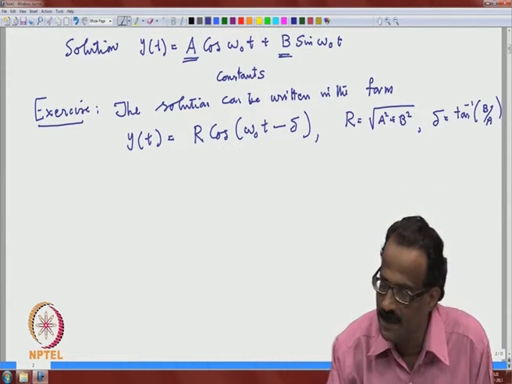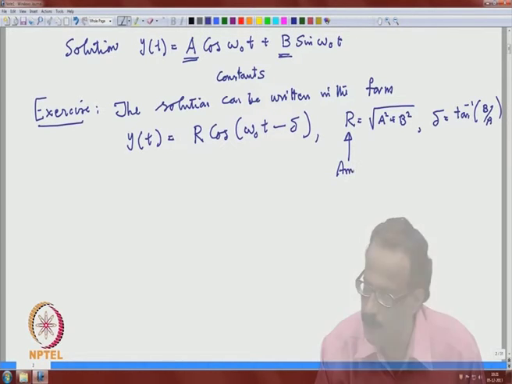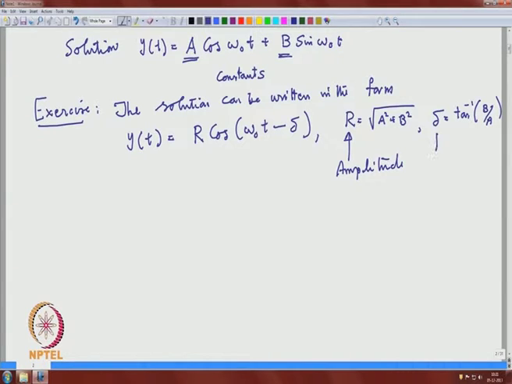This R is called the amplitude, and delta is called the phase angle. You will see why it is important.